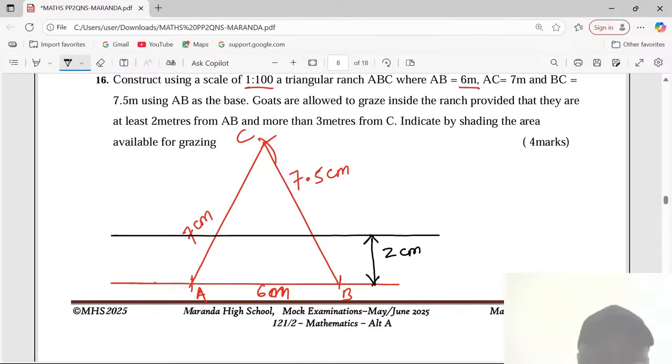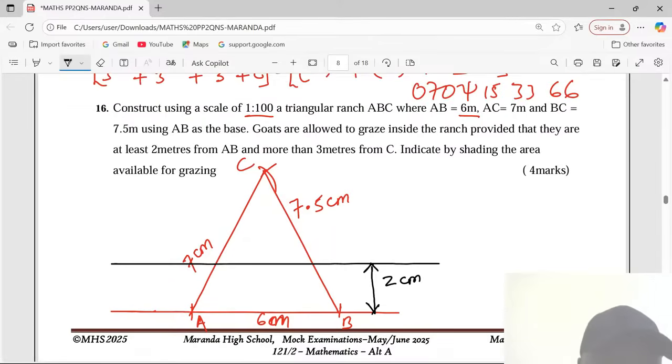Yeah, let's check the other instruction. Two meters from AB, that one is done, or more than 3 meters from C. C is a fixed point. Therefore, a given distance from a fixed point should be the locus of a circle.